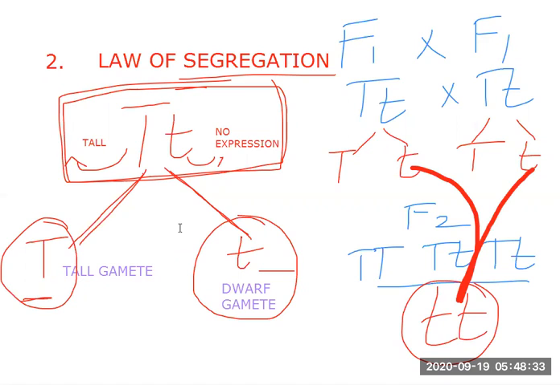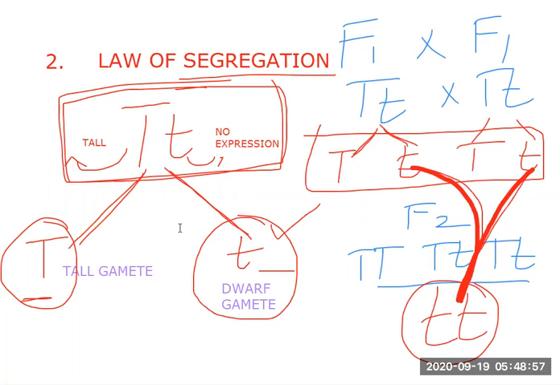That means the total story is this: during the formation of gametes in the F1 generation, whenever the tall and dwarf alleles are segregated, the dwarf gamete comes for expression, and their combination makes the dwarf plant in the F2 generation.